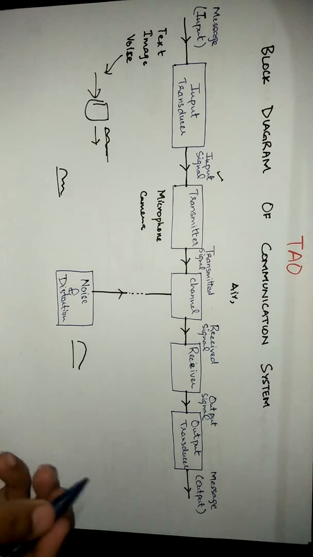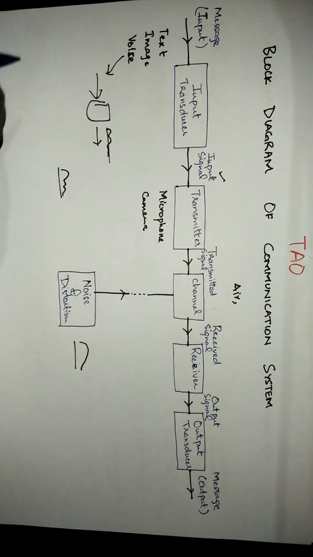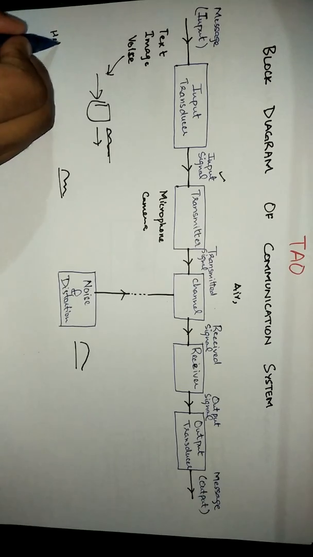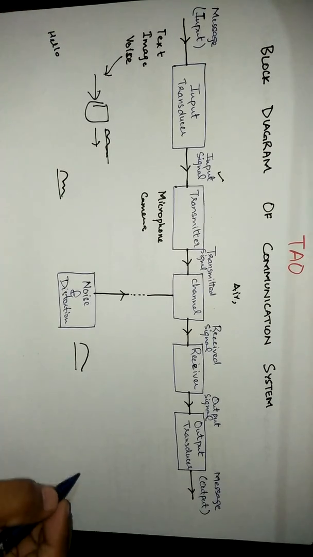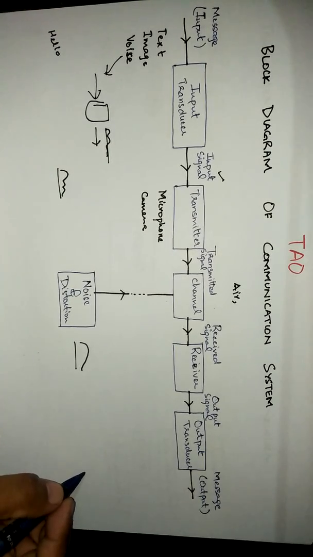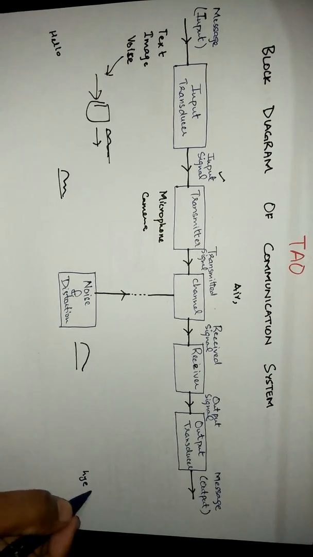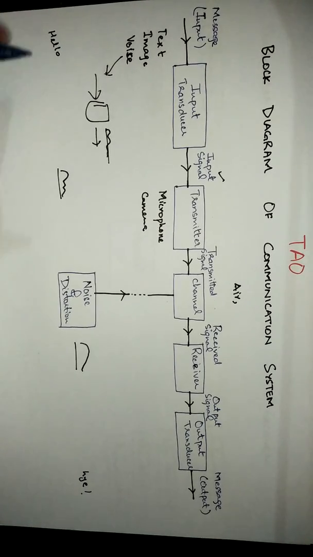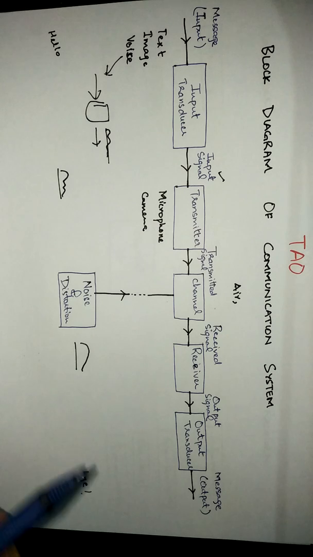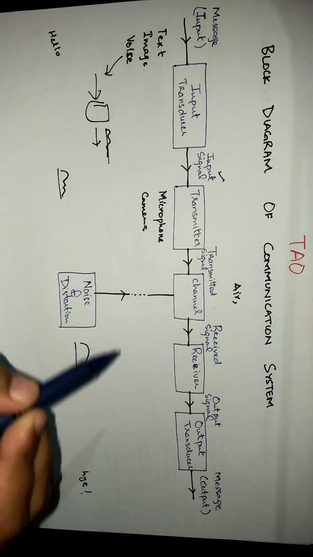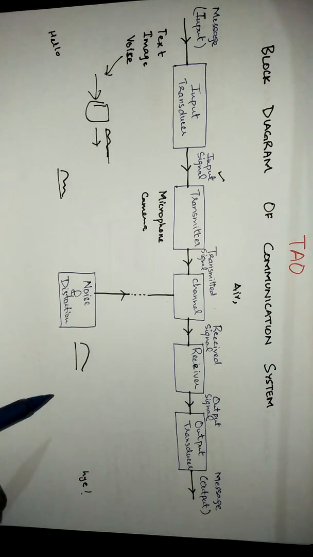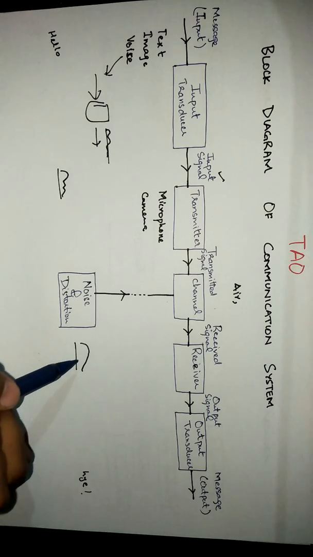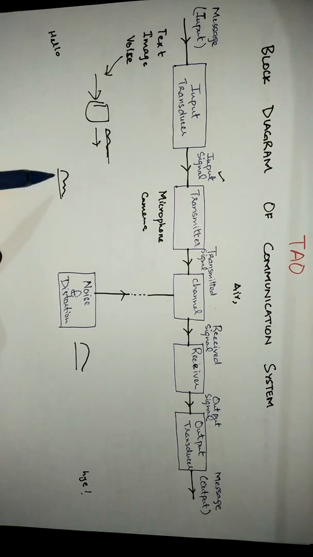It would not be the same as what was sent. For example, the user sent hello, it may have turned into hi or something like that. That could be anything. The main point is that noise and distortion affect the channel by adding extra levels to the input signal.